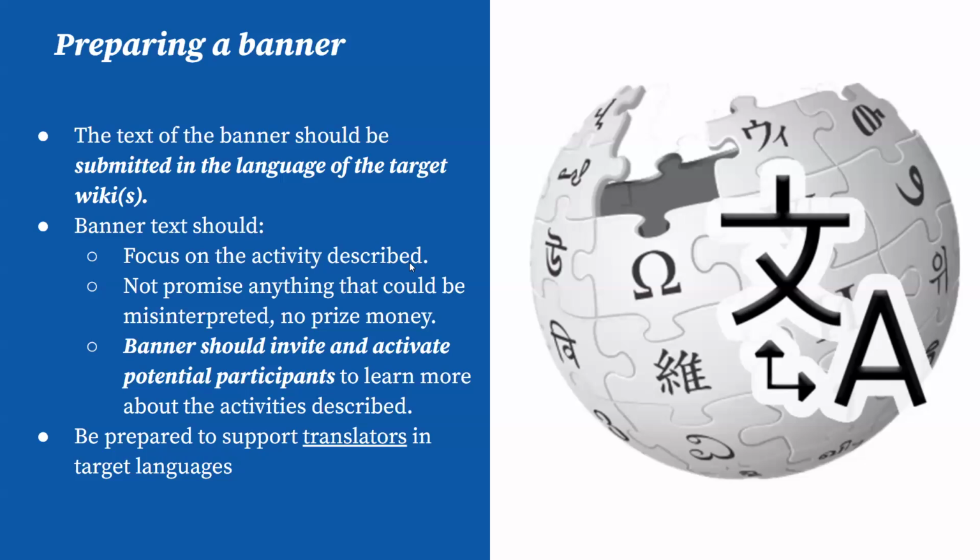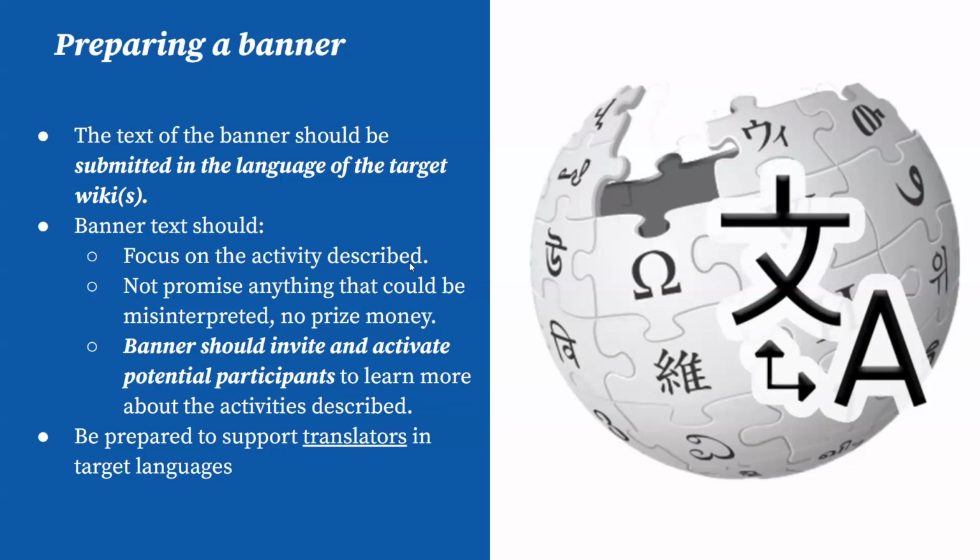It certainly helps, we have seen this in the chat as well, that you focus on the activity described. Do you want people to read something? Do you want people to click something? Do you want people to learn something? Make this very clear in the banner text itself. We ask you to make it as clearly as possible and to avoid misinterpretations.